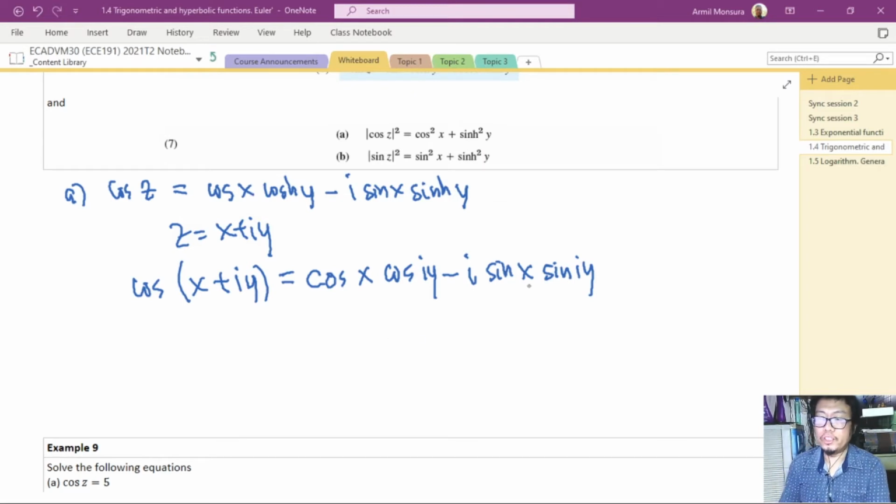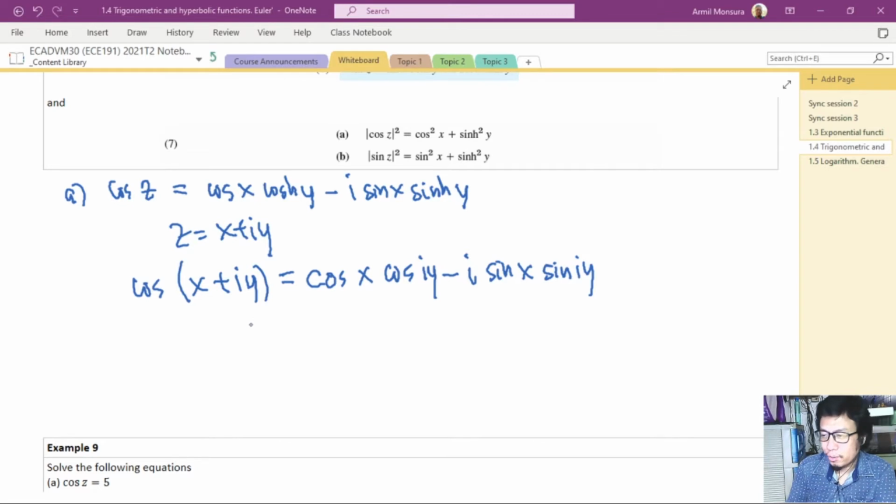Now at this point we need to do something about cosine of iy and sine of iy, because cosine of x is okay by itself since x is a real number, but iy is not a real number, so at this point we cannot evaluate cosine of iy directly. But let's try to establish some relationships.